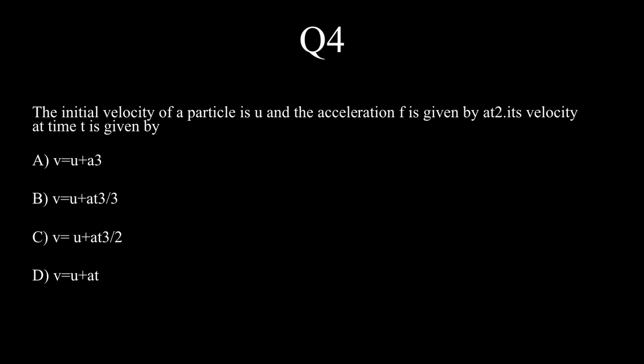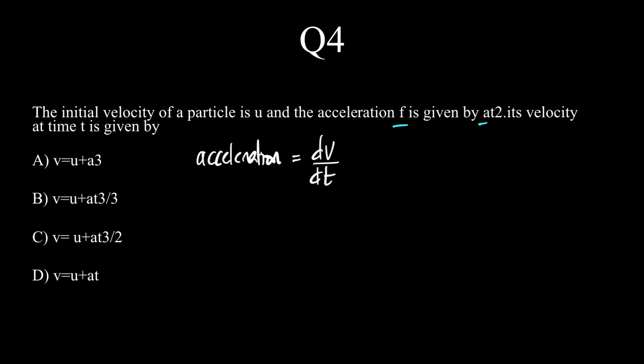It's a very simple question, and the only point I feel here is different, or let's say tricky, is that they have exchanged the commonly used notation a for acceleration with f. This is all they have done. So let us say acceleration is nothing but rate of change of velocity.